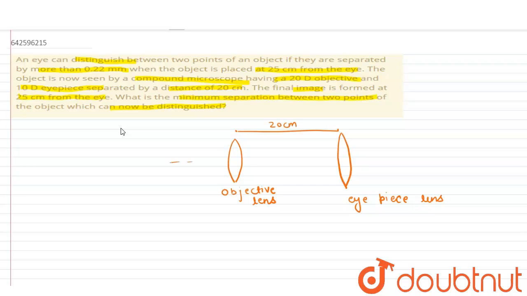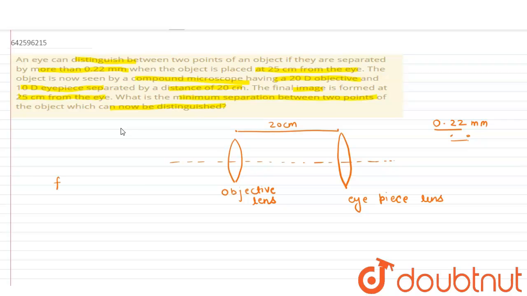This is the axis. With naked eyes we can distinguish an object at 0.22 mm. The final image formed from the eye is at 25 centimeter, which is also given in the question.